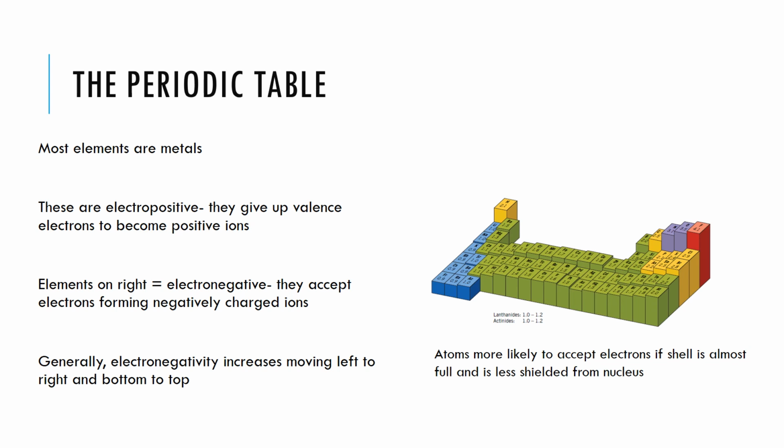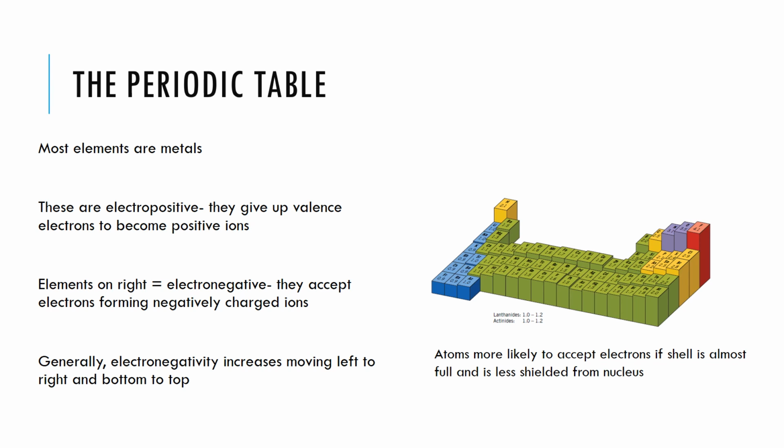And metals are very electropositive elements. They are willing to give up electrons to become positive ions. And these are on the left-hand side of the periodic table. If we look at elements on the right-hand side of the periodic table, then they are very electronegative, and they like to accept electrons, forming negatively charged ions.